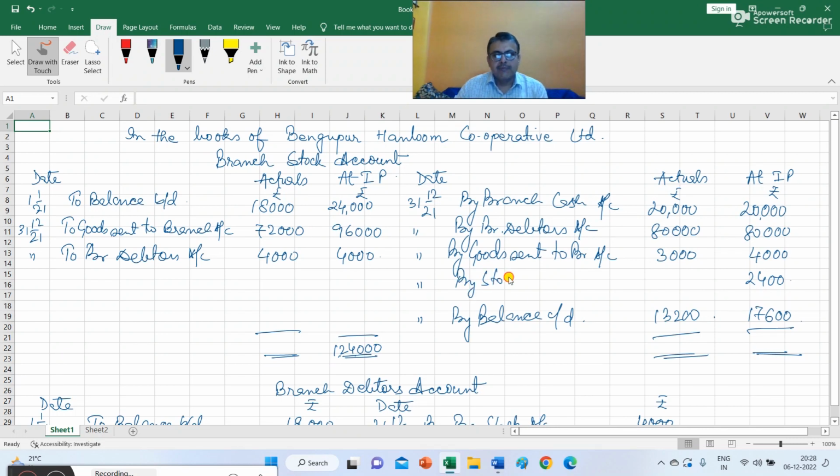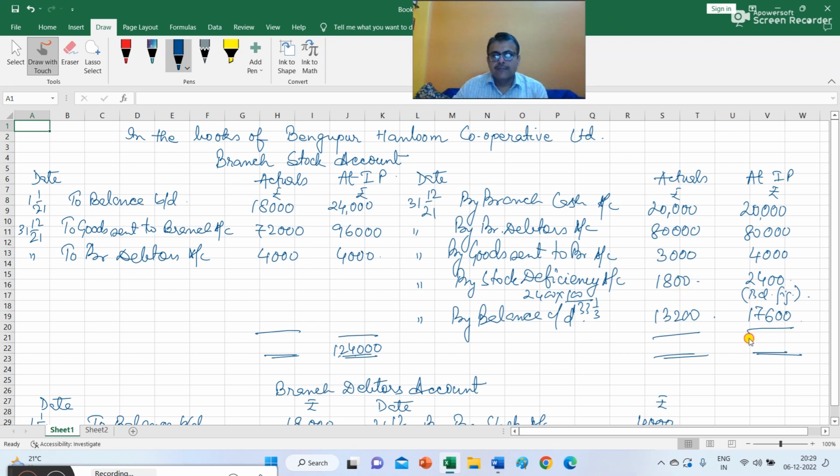So I have to write by stock deficiency account. This is the balancing figure, and this amount is for rupees 2,400. So what is the cost price of the value 2,400, which is given at IP? So 2,400, you multiply it with 100 and divide by 133 1/3%, you will get 1,800.